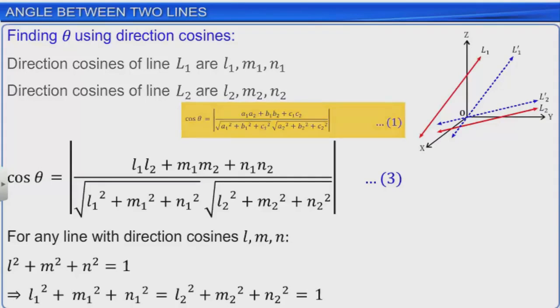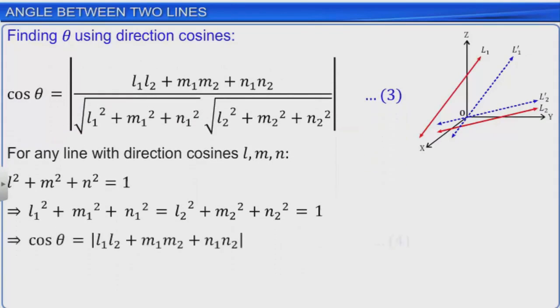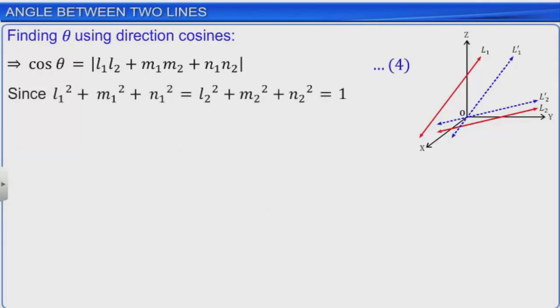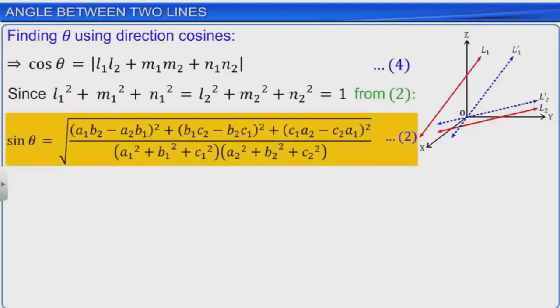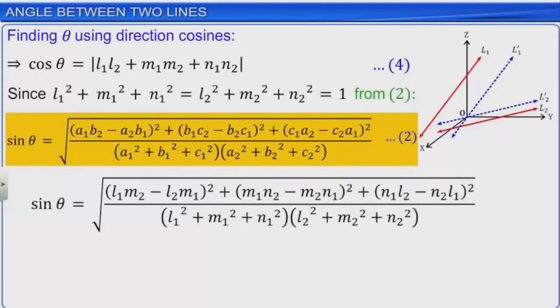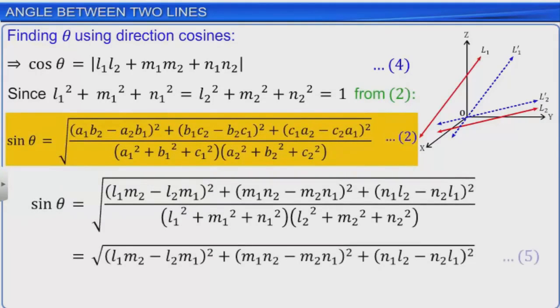Equation 4 gives us the equation for the cosine of angle theta between lines L1 and L2 in terms of their direction cosines. Replacing the direction ratios with direction cosines in equation 2 and simplifying, we get the equation for the sine of angle theta between lines L1 and L2 as shown here.